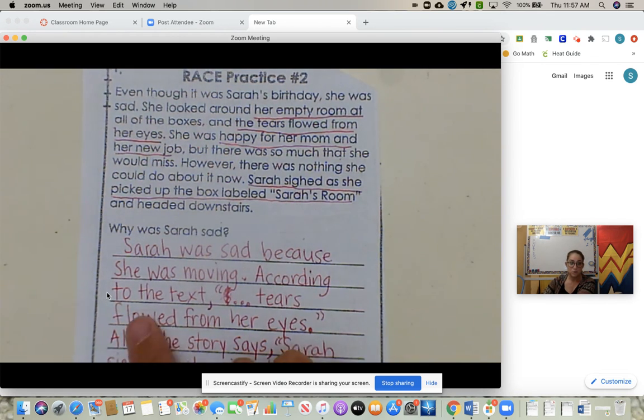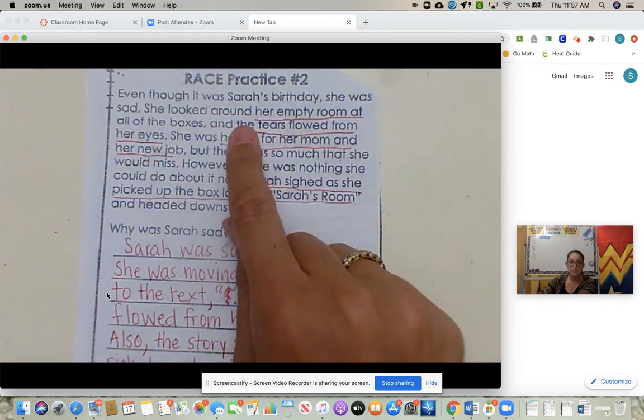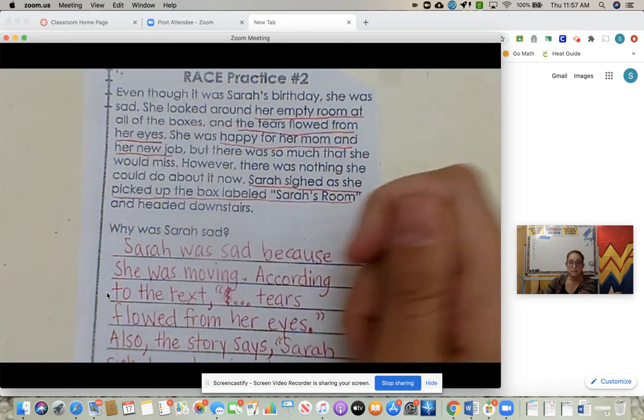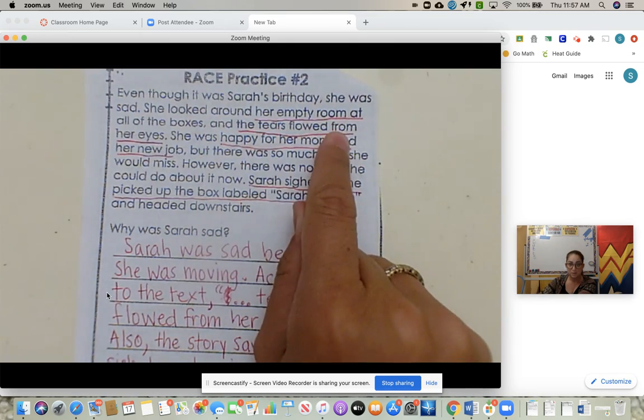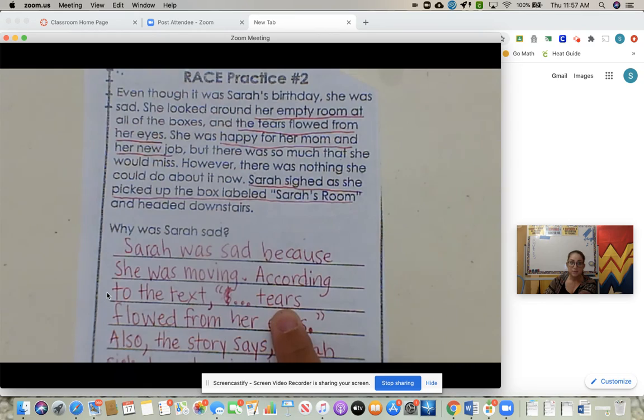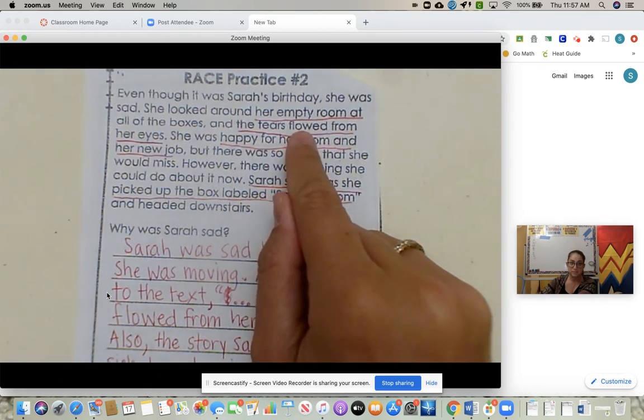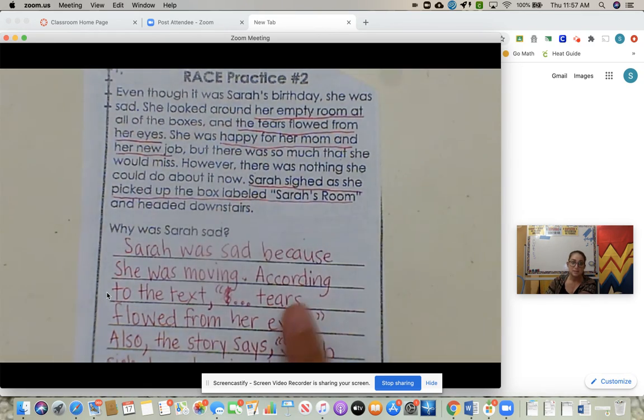So we wrote, according to the text, comma, quote. That was an accident. Dot, dot, dot just means we did not write this whole sentence. It tells your reader that we only picked part of the sentence. And we wrote word for word. So tears flowed from her eyes. Tears flowed from her eyes, period, quote. We are not practicing E yet on this page.